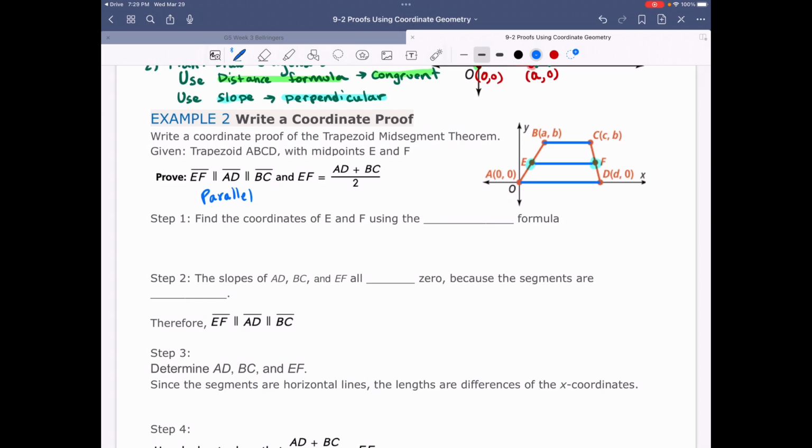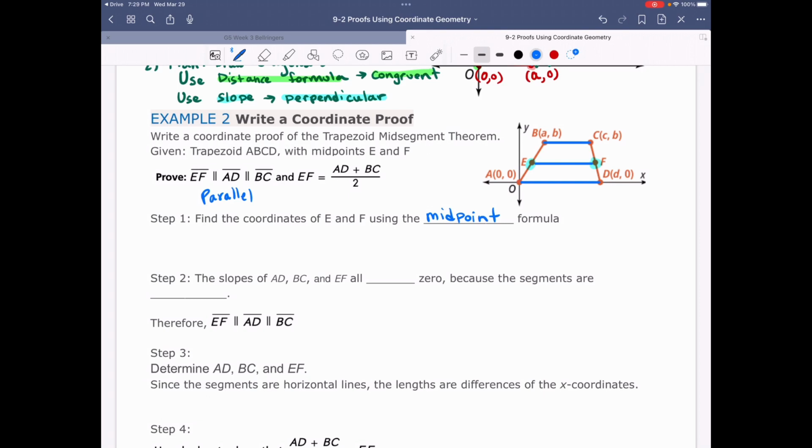All right, for step 1, we need to find the coordinates of E and F using the midpoint formula. And we can use that because that's the definition of a mid-segment, it's in the middle.